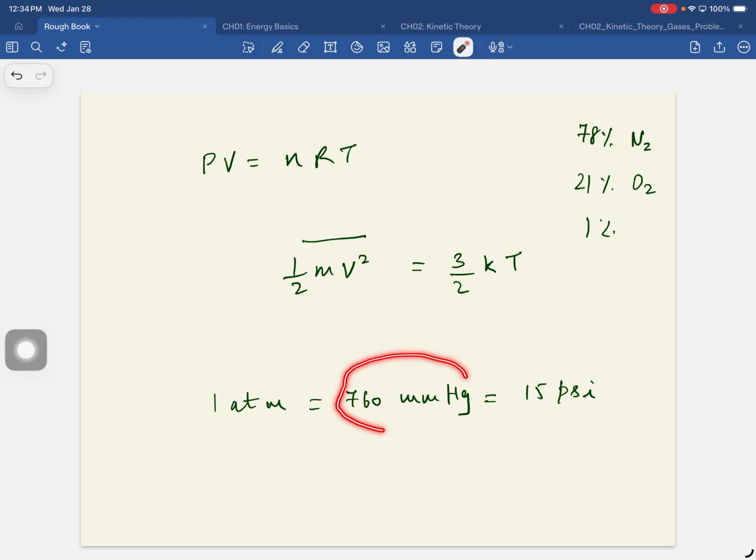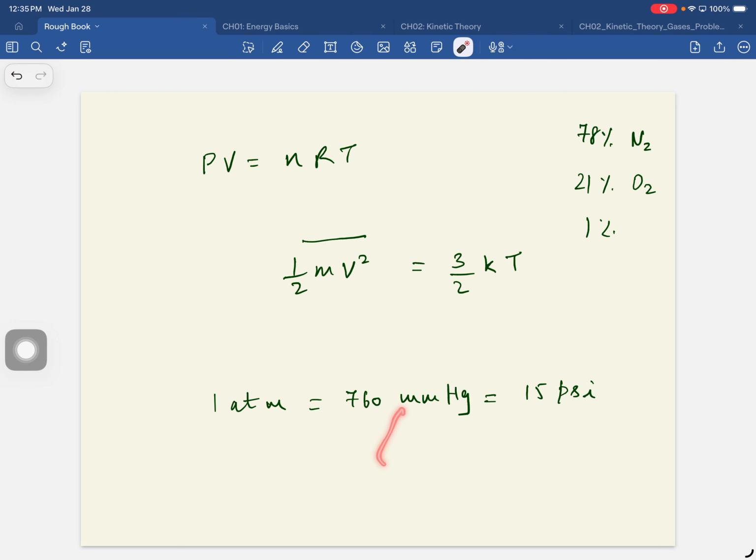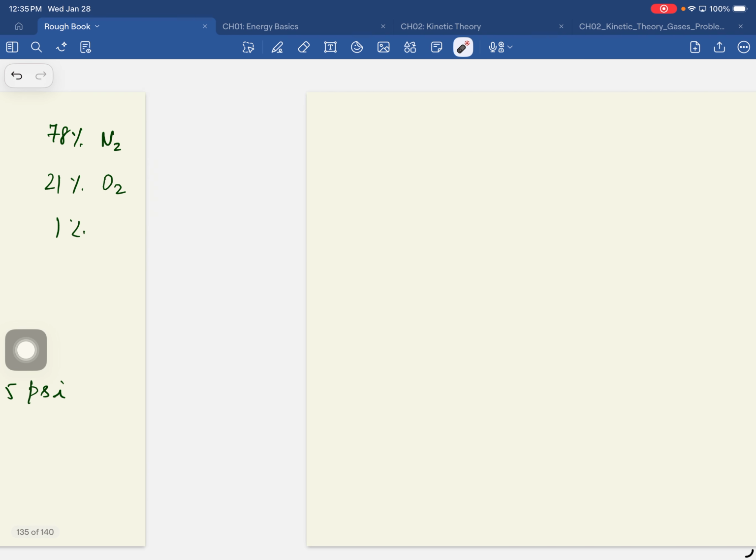What does this mean, 760 millimeters of mercury? That's what you use a barometer to measure atmospheric pressure.